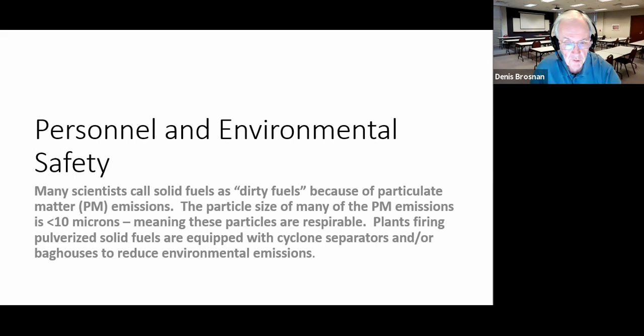In general, about 10 microns is a cutoff that scientists use to say now particles are small enough that they can make it into the lungs. So the lungs have to deal with it, and they deal with it in a couple of different ways. That's the purpose of today's talk. But we'll start with the environment.